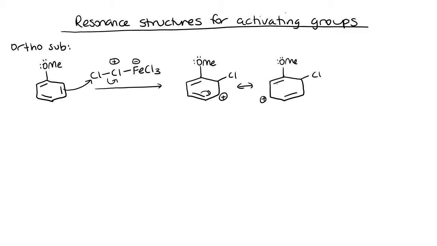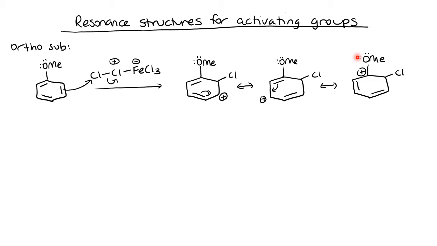Then we have another positive charge. That's allylic. So we will form our third resonance structure. Now, we have a positive charge that's next to a lone pair.